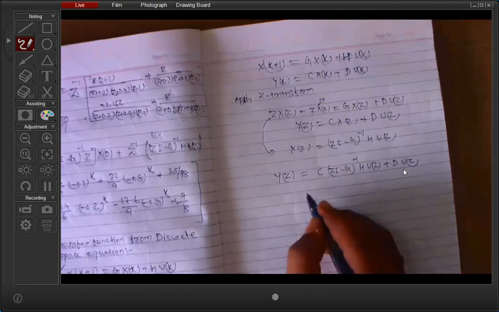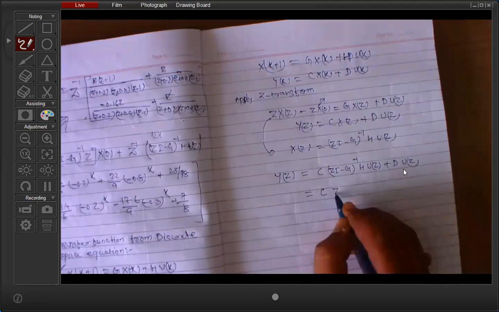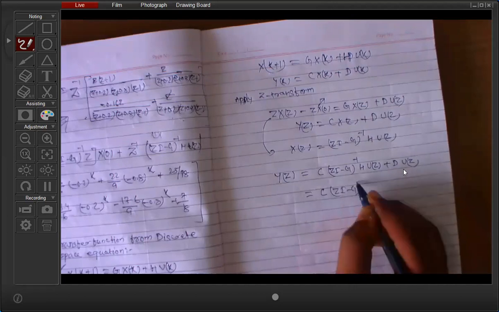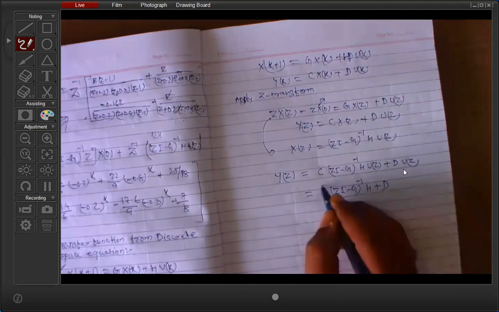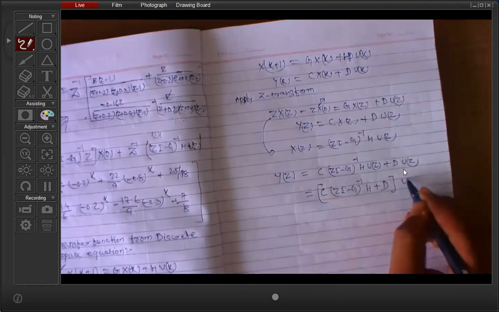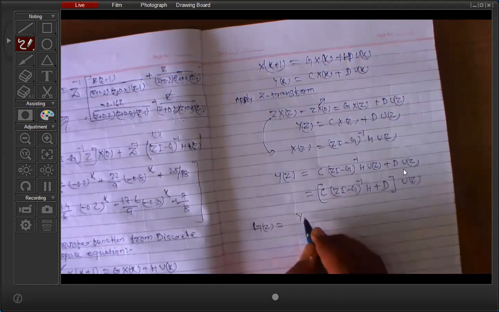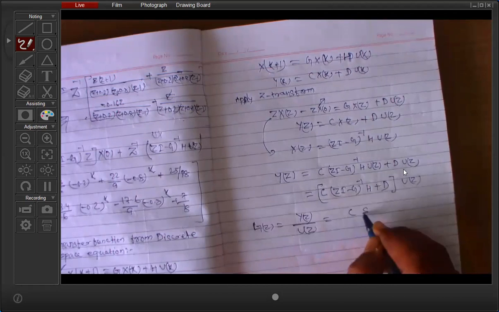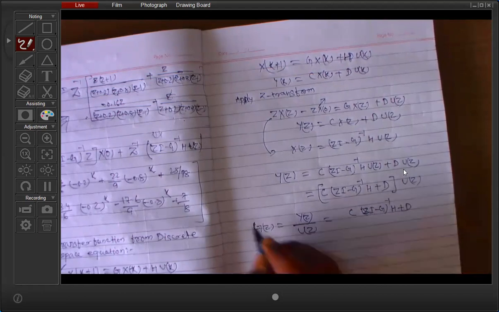Okay, if you take U(z) common, then it becomes C into (zI minus G) inverse into H plus D, into U(z), and you know the pulse transfer function is equal to Y(z) by U(z). Now it is equal to C into (zI minus G) inverse into H plus D.